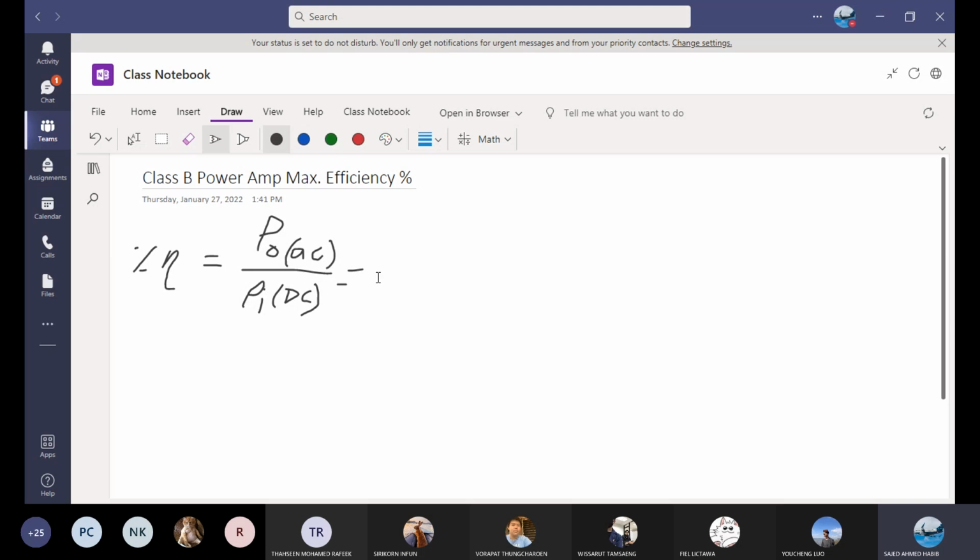Okay, let's draw this. P out AC, trying to remember the equation. VL peak squared divided by 2 times RL. That's the equation. And remember, this one is multiplied by 100. So let me correct that one.